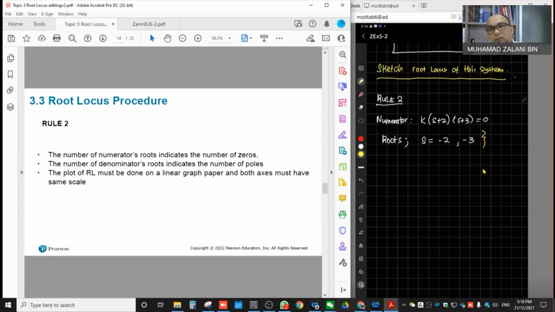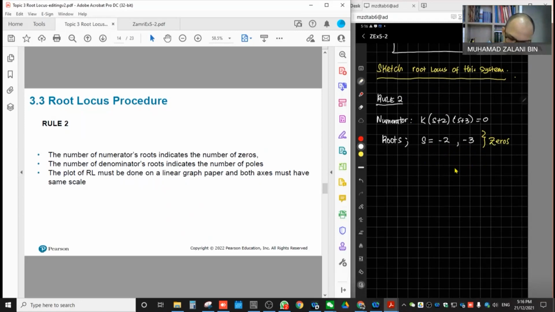These roots we call zeros. So how many zeros do we have here? We have 2 zeros. These 2 zeros are located on the real axis of the s-plane.